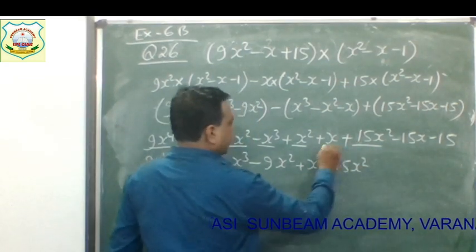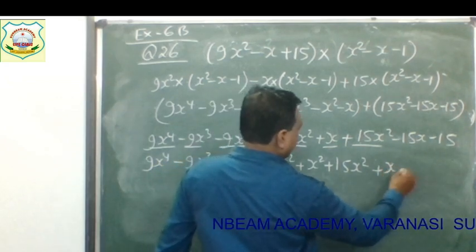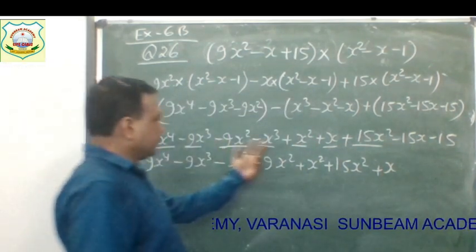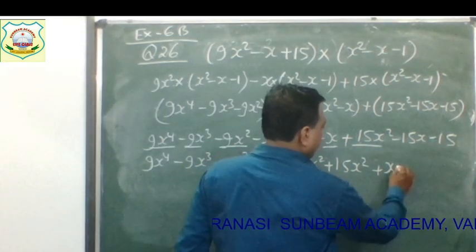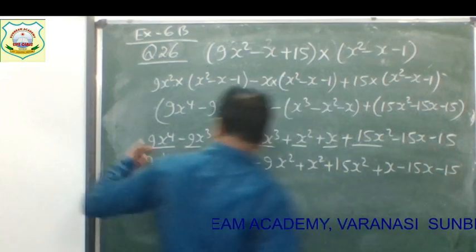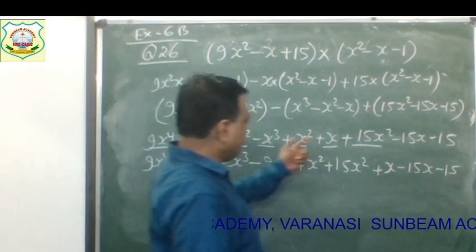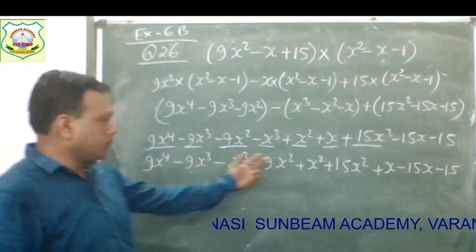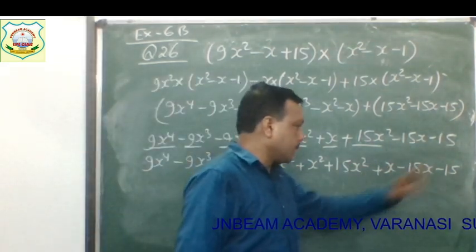Okay, x plus x minus, no one, this is here x. Plus minus 15x minus 15. Now we will check 1, 2, 3, 4, 5, 6, 7, 8, 9. Okay, students, we also 1, 2, 3, 4, 5, 6, 7, 8, 9.